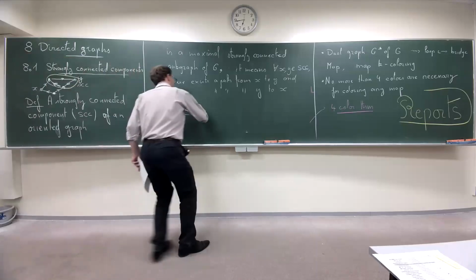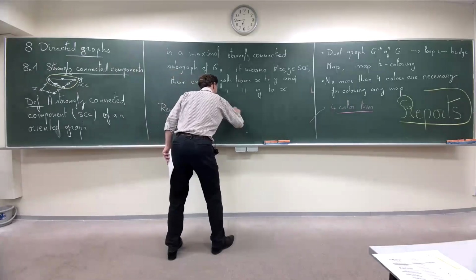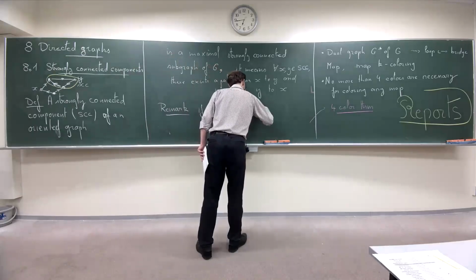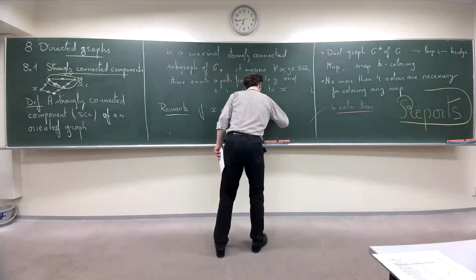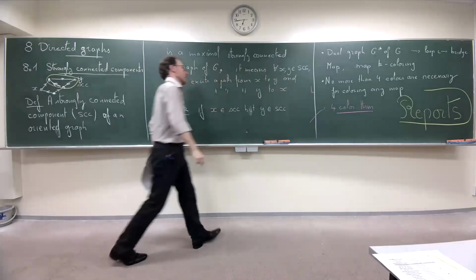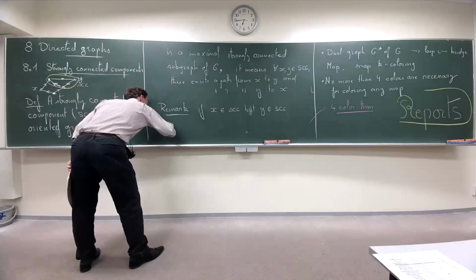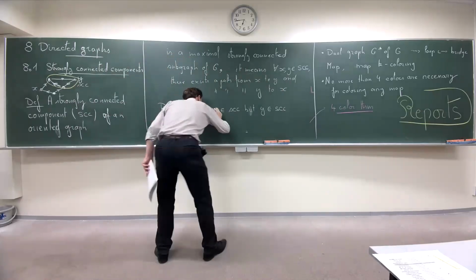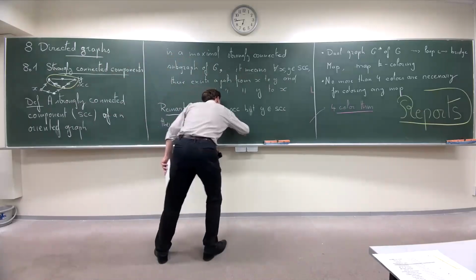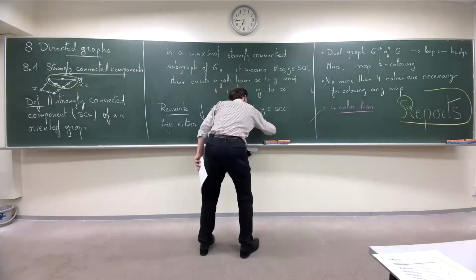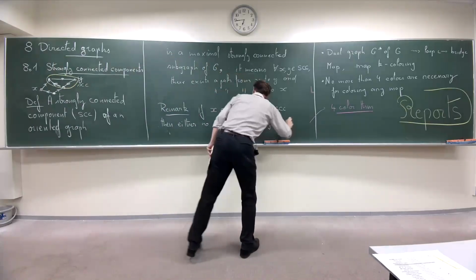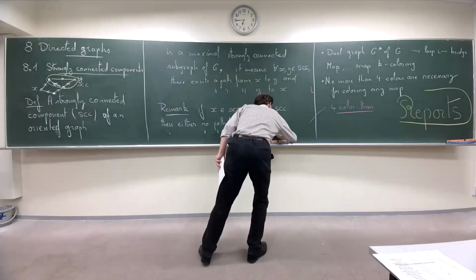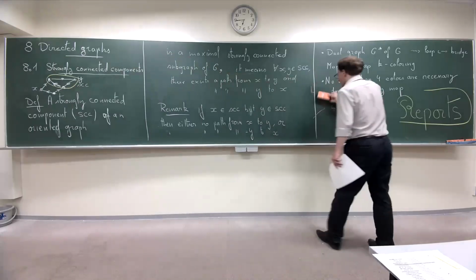So if X doesn't belong to one strongly connected component, but Y belongs to the same strongly connected component, then either no path from X to Y, or no path from Y to X, or no path at all between these two.